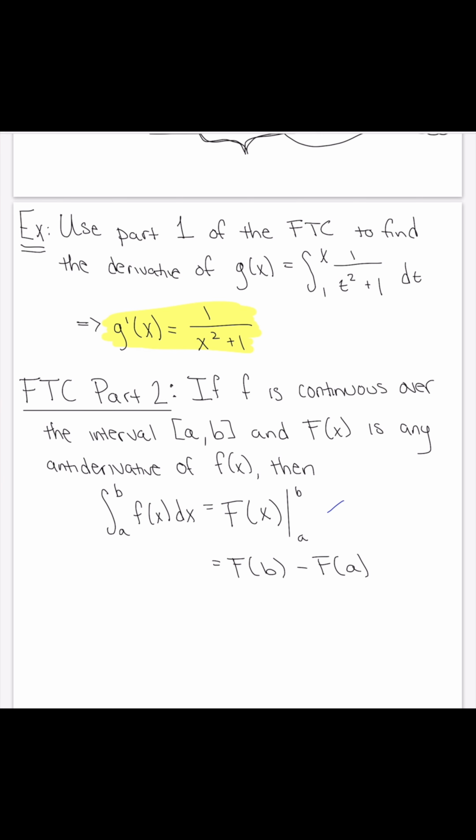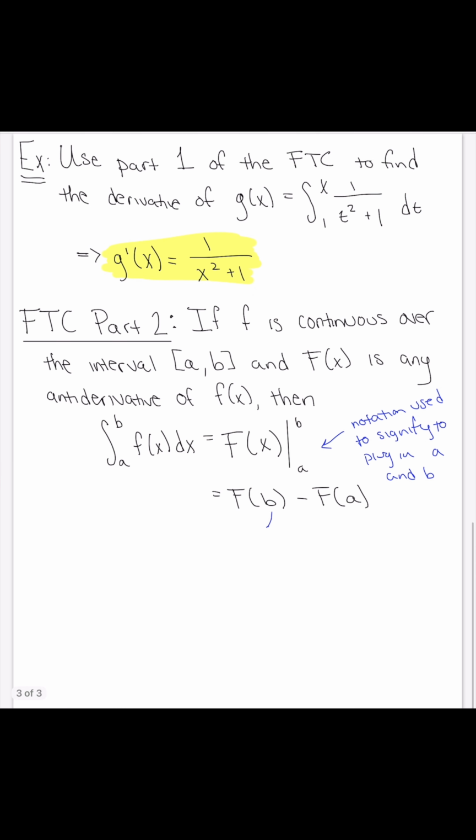So this is notation used to signify to plug in a and b and find the difference the way we did, where we plug in the upper limit first. So it's always the upper limit first and then the lower limit. That is written in order on purpose.